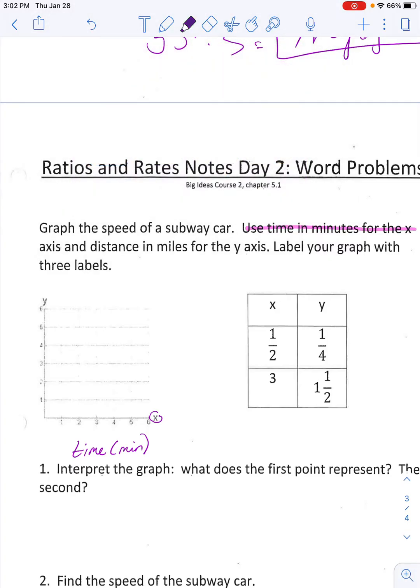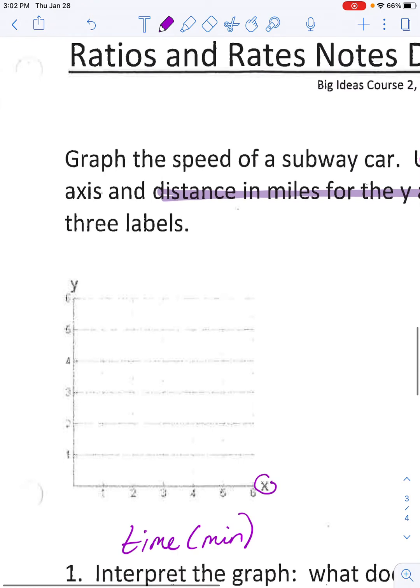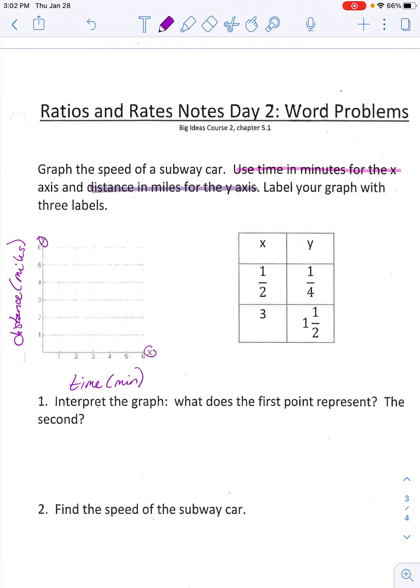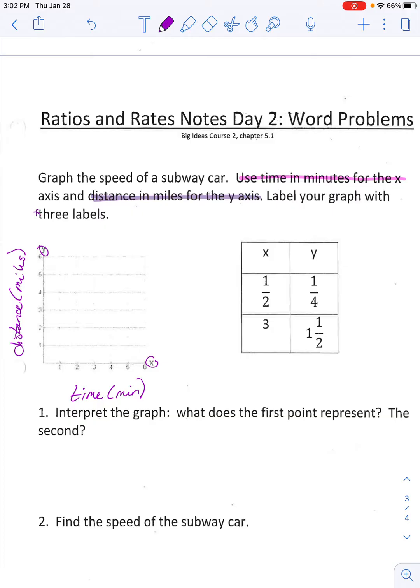And distance in miles for the y-axis. So here's the y, and we're going to use distance in miles. Your graph should look like my graph. Label your graph with 3 labels.